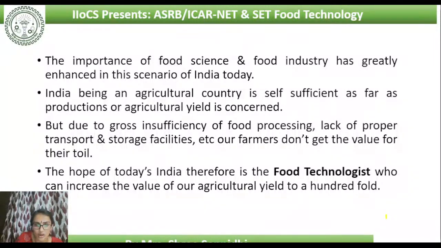But due to gross insufficiency of food processing, lack of proper transport and storage facilities, etc., our farmers don't get the value for their toil. The hope of today's India, therefore, is the food technologists who can increase the value of our agricultural yield 100-fold.